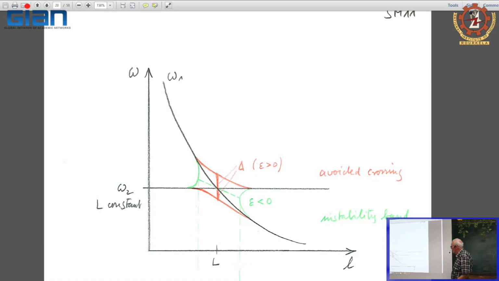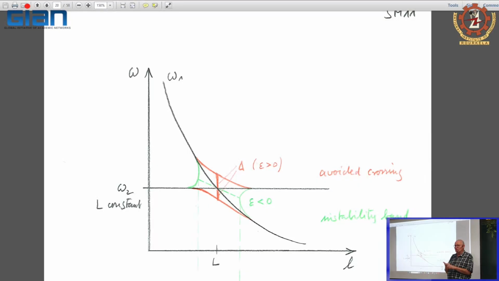And what happens now, and this can be explicitly seen either in the exact solution or in the coupling formalism, is that omega 1 is now connected continuously to omega 2, and omega 2 is connected continuously to omega 1.